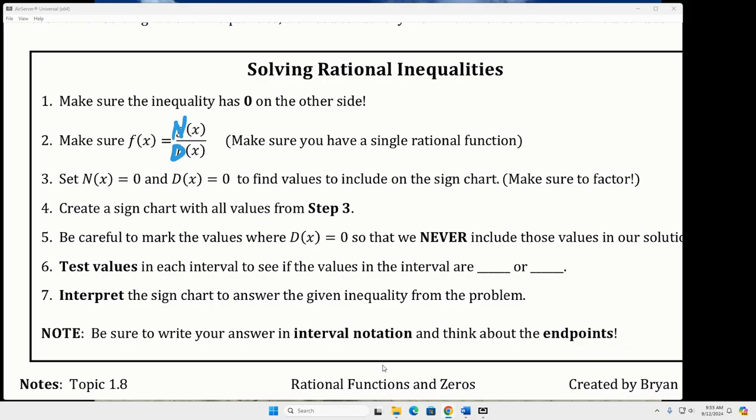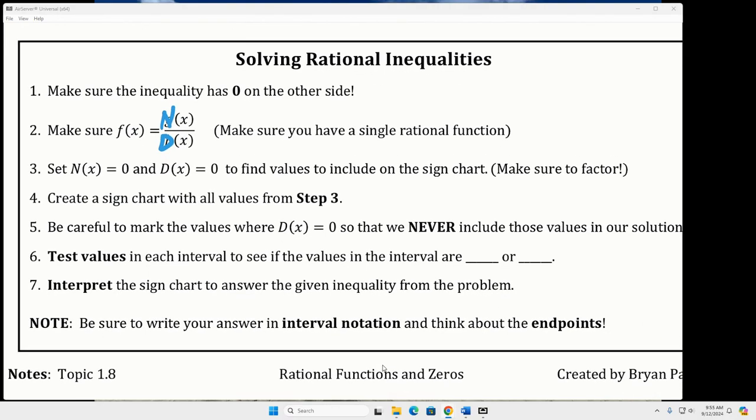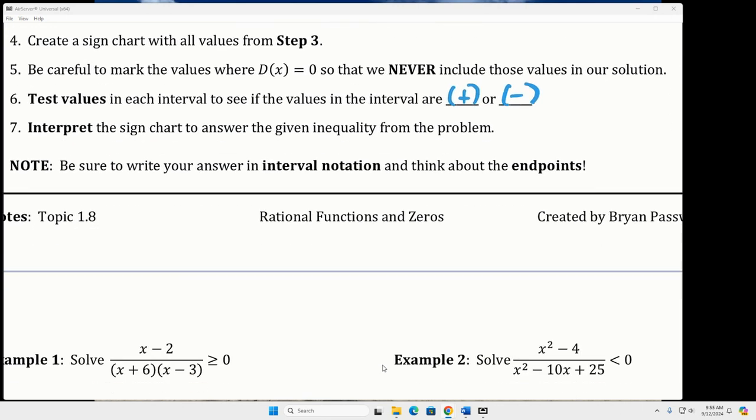These are really good directions for the steps. This step 6 should be test values in each interval to see where the intervals are positive or negative. But everything else is filled in. So if you forget, you can always go back and look at these.